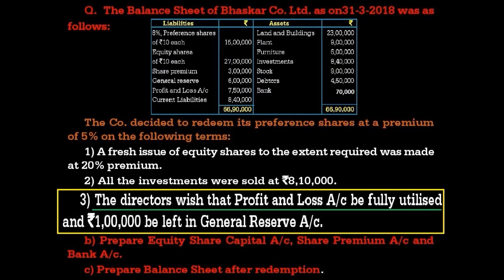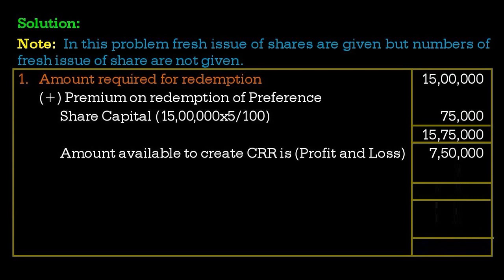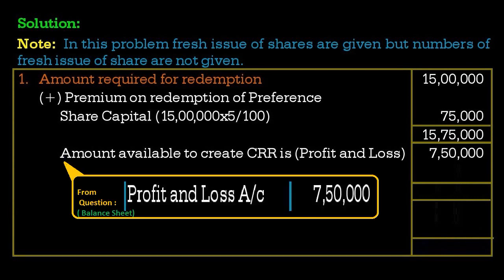The third point they have given is that the directors wish that profit and loss account be fully utilized. That means whatever balance of profit and loss account we have in our balance sheet can be completely utilized. That is 7,50,000. The amount available to create CRR, that means capital redemption reserve, from profit and loss account is completely 7,50,000.